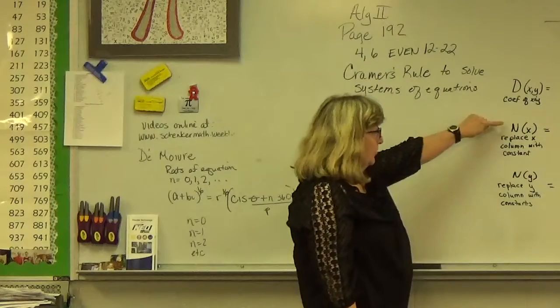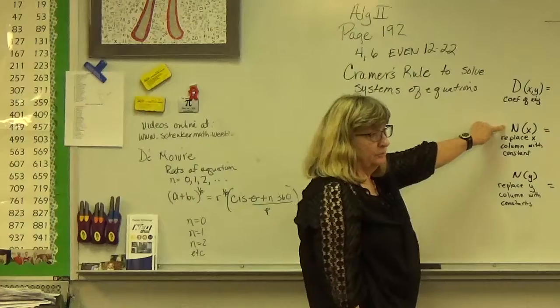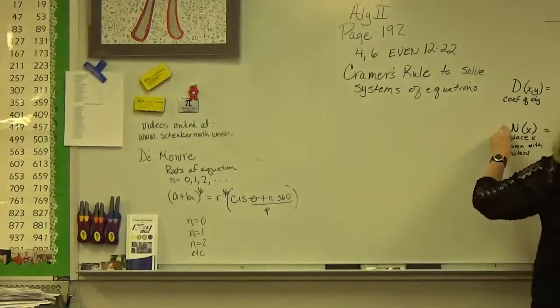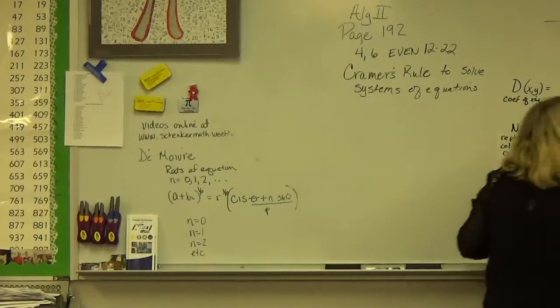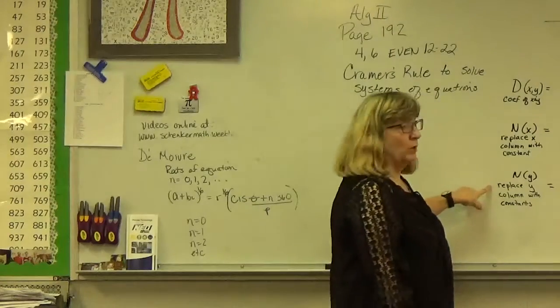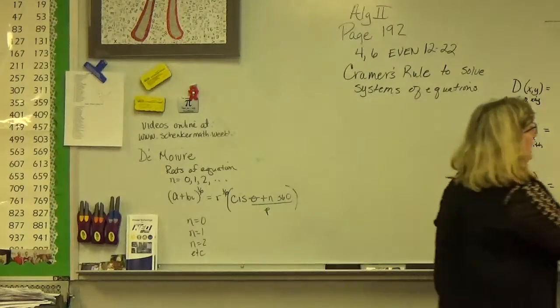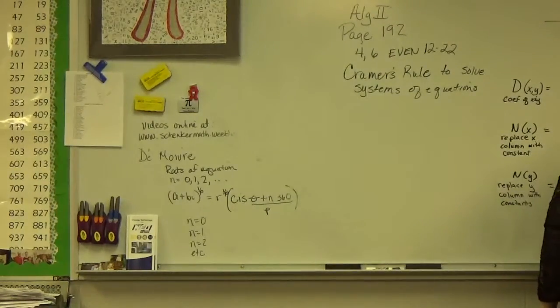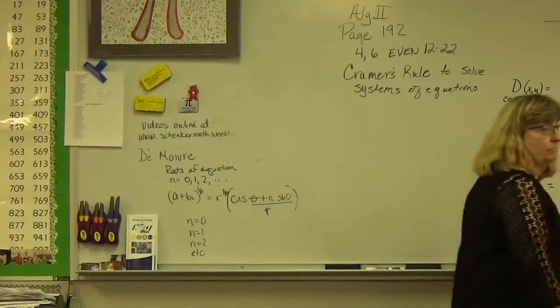The numerator for x is negative 34. And then the numerator for y, negative 17. And that reduces to 2 and 1.